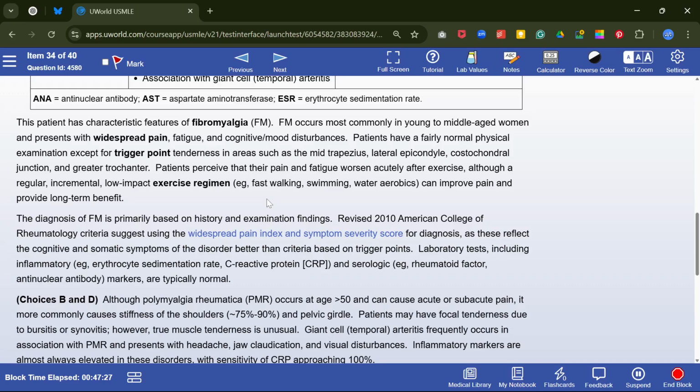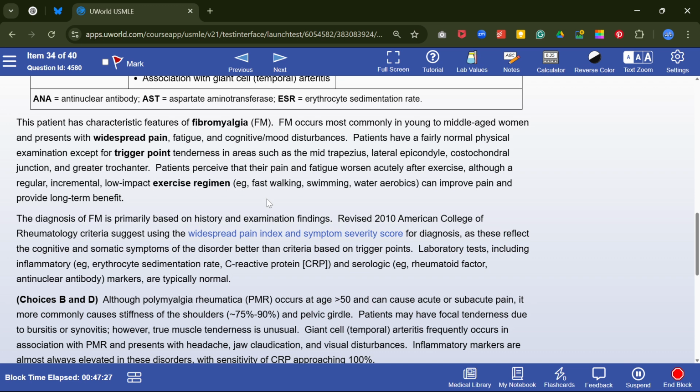Patients perceive their pain and fatigue worsen acutely after exercise, although a regular incremental low-impact exercise regimen, such as fast walking, swimming, and water aerobics, can improve pain and provide long-term benefit. The diagnosis of fibromyalgia is primarily based on history and examination findings.